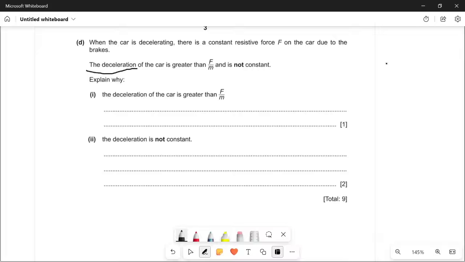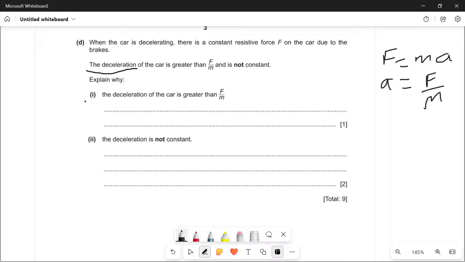The formula for force is force equals mass times acceleration. If we rearrange this formula to find acceleration, acceleration equals force over mass. So this statement is telling us that the deceleration is greater than the acceleration, and the deceleration is not constant.